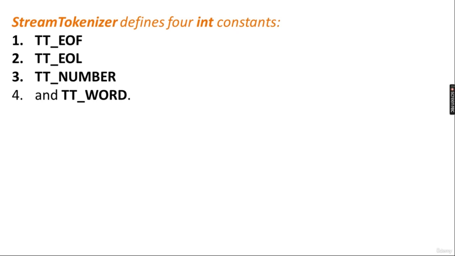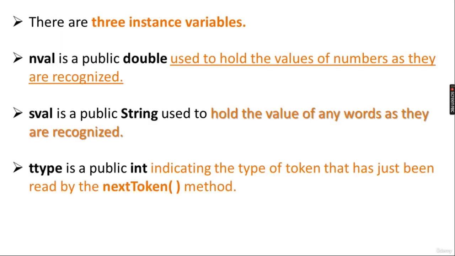There are four integer constants in StreamTokenizer: TT_EOF, TT_EOL, TT_NUMBER, and TT_WORD. There are three instance variables. nval is a public double used to hold the values of numbers as they are recognized. sval is a public String used to hold the value of any words as they are recognized. ttype is a public int indicating the type of token that has just been read by nextToken. So you have to remember these three instance variables, or you can take a screenshot of this PPT.